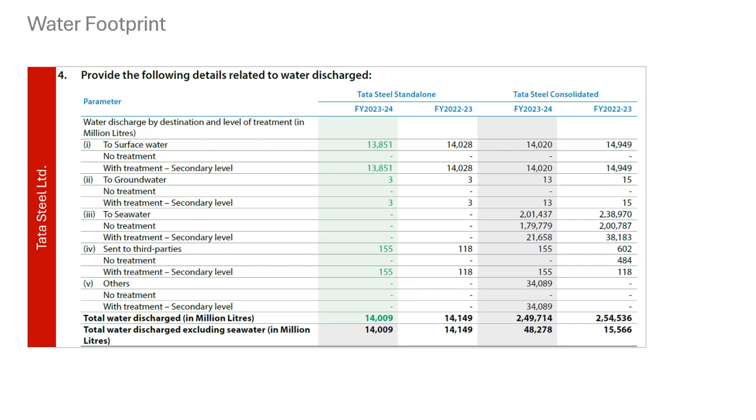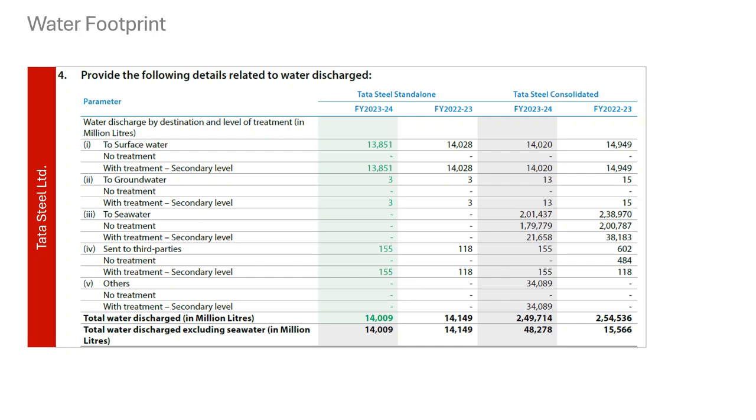The entities are required by the Pollution Control Board norms to treat the water in the effluent treatment plants or wastewater plants before it is released into the nearby water bodies. There are three levels of wastewater treatment. The primary level removes the suspended solids and organic matter from water.